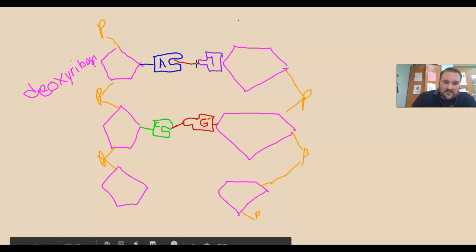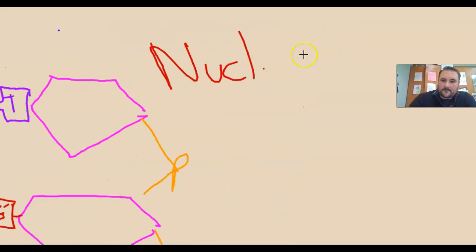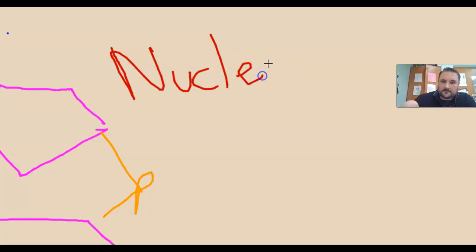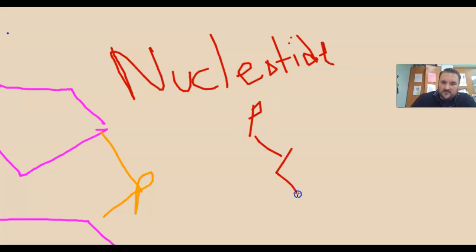These connect across there, and that's what we call a nucleotide. A nucleotide is your phosphate, a sugar, and a nitrogen base.